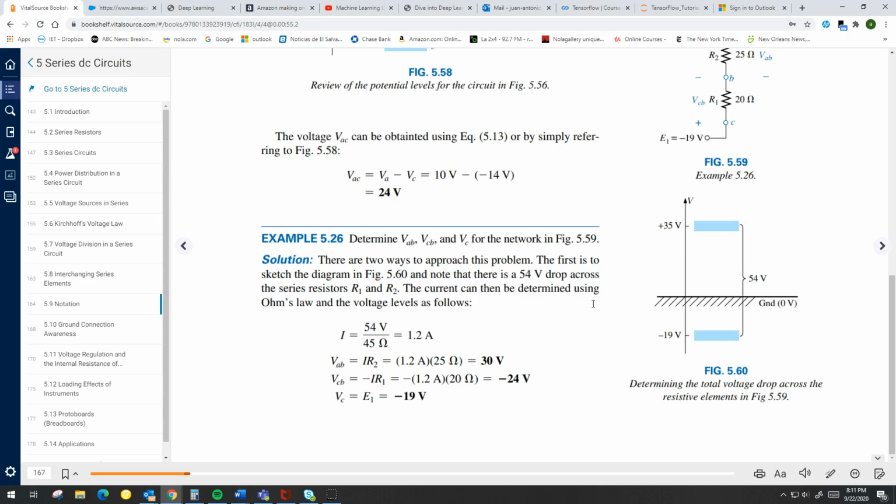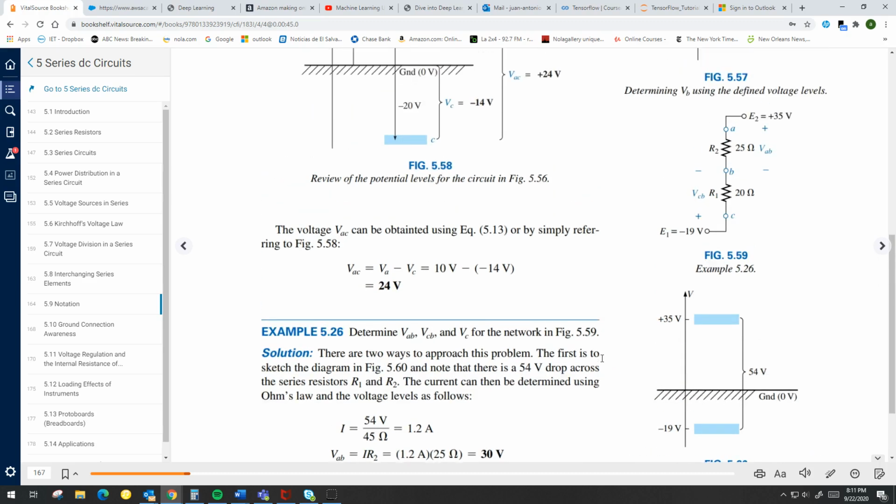The first one is to look at the diagram like in this figure 560, right? And we notice that there's a 54 volt drop across the 2 resistors, right? In other words, you go from 35 volts here to minus 19 volts here, right?